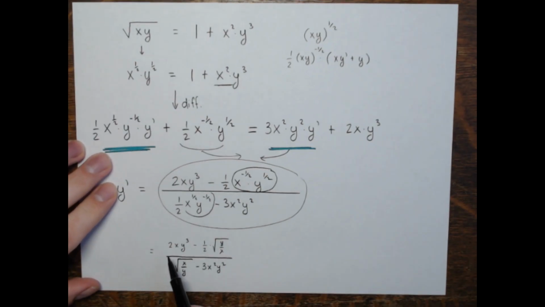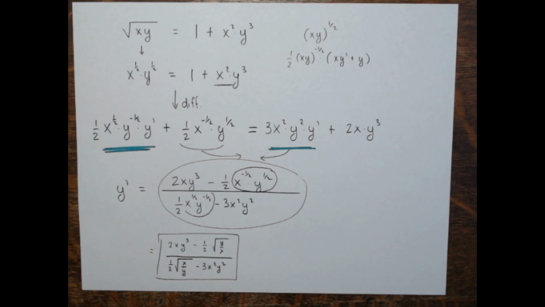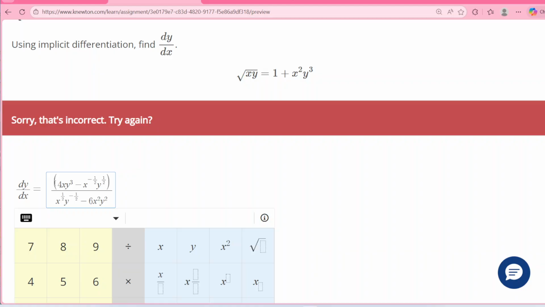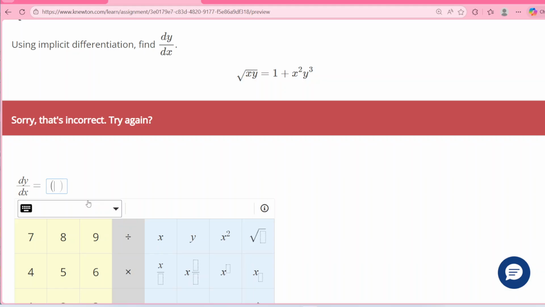So I'm going to try typing this in down here, because it's the same thing. But maybe because the first equation had a square root, maybe they want it this way. All right, so I'm going to get rid of this and see if this works out.